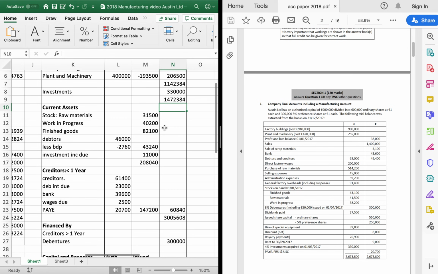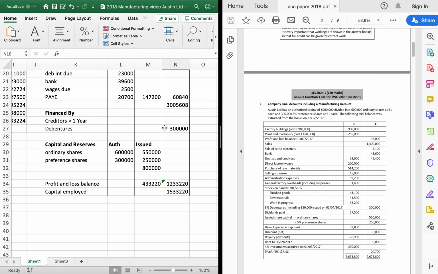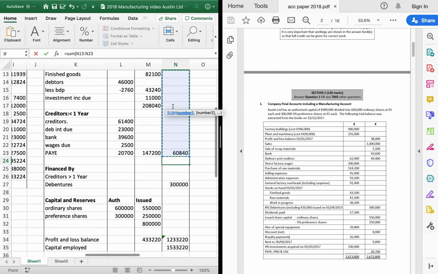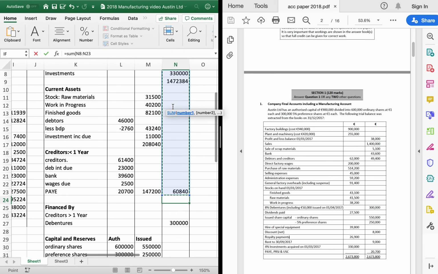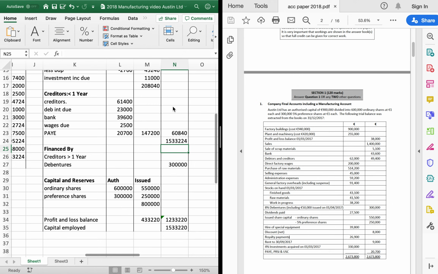That's 1,472,384. It doesn't. Oh. 1,533,224. There's a 4 there. There we go. It's balanced.